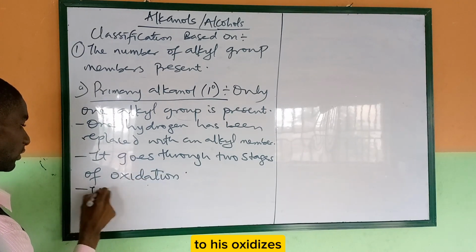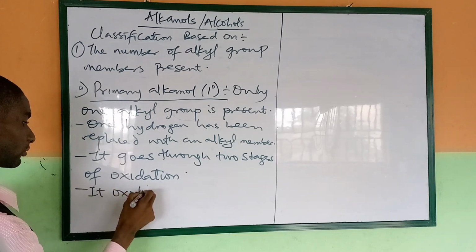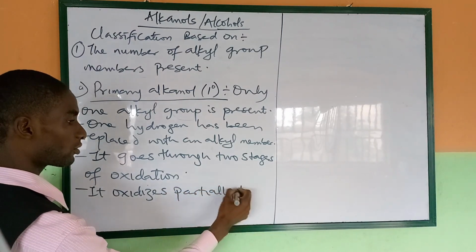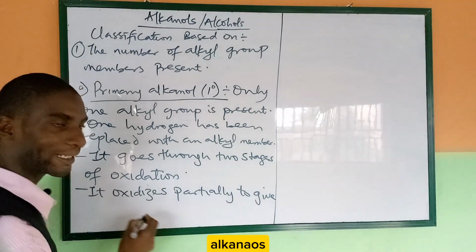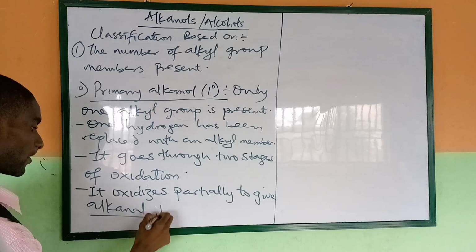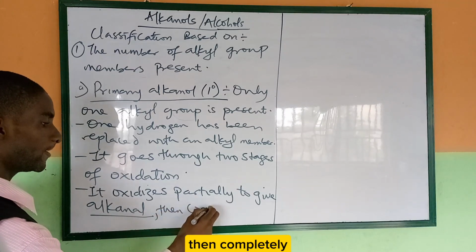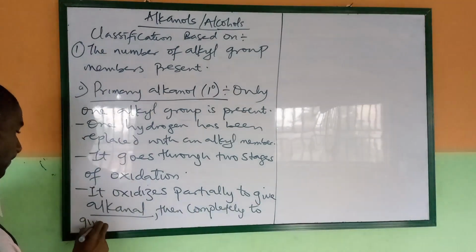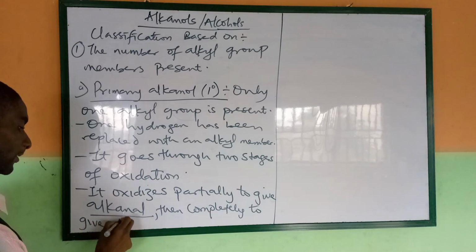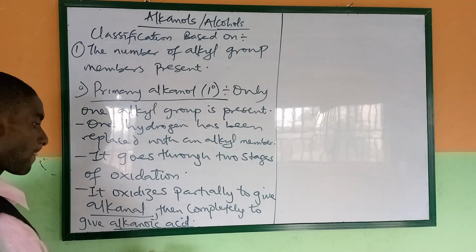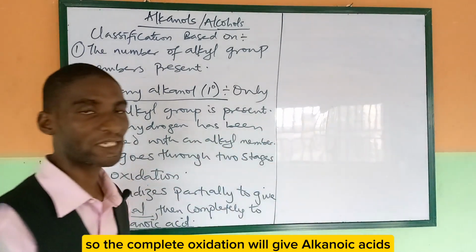It oxidizes partially to give alkanal, then completely to give alkanoic acid. So the complete oxidation will give alkanoic acid.